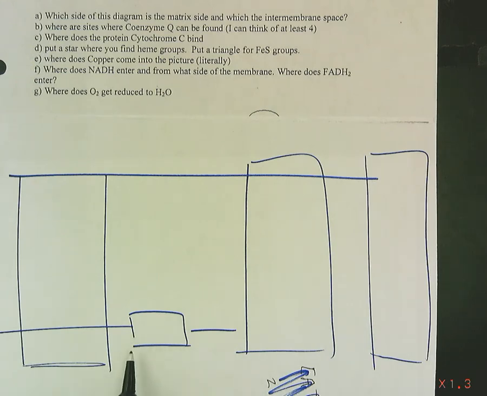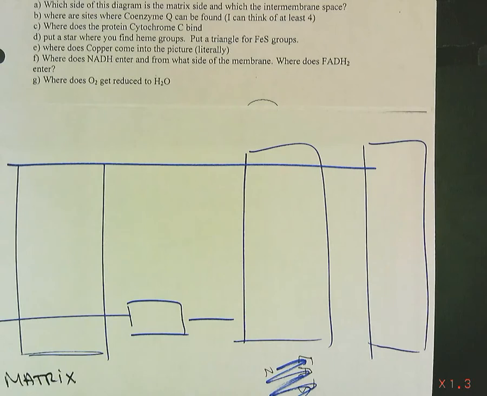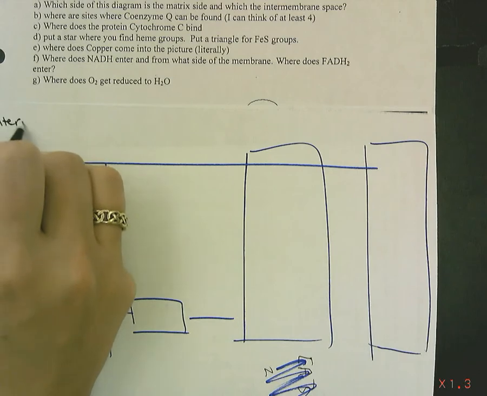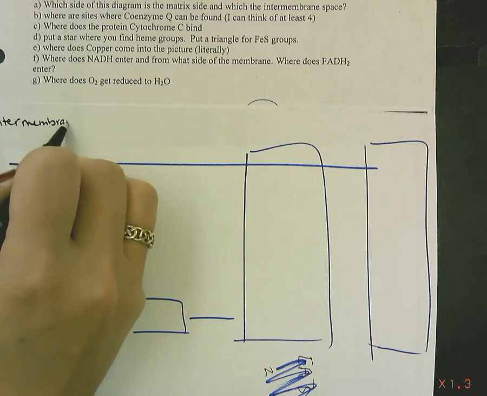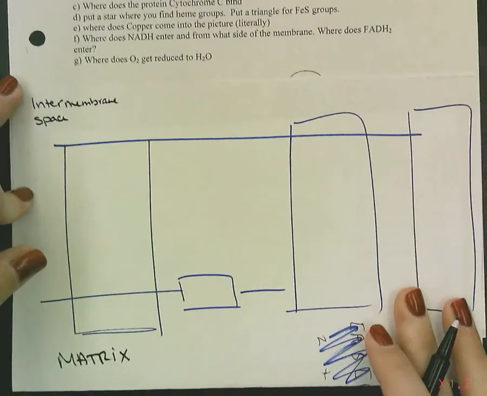That is on the matrix side. So this side has to be matrix. And why do we know that succinate dehydrogenase has to be on the matrix side? The citric acid cycle is in the matrix. So if complex 2 is part of the citric acid cycle, then it has to be on the matrix side. Good deduction there. Okay, so we have our intermembrane space. Good.